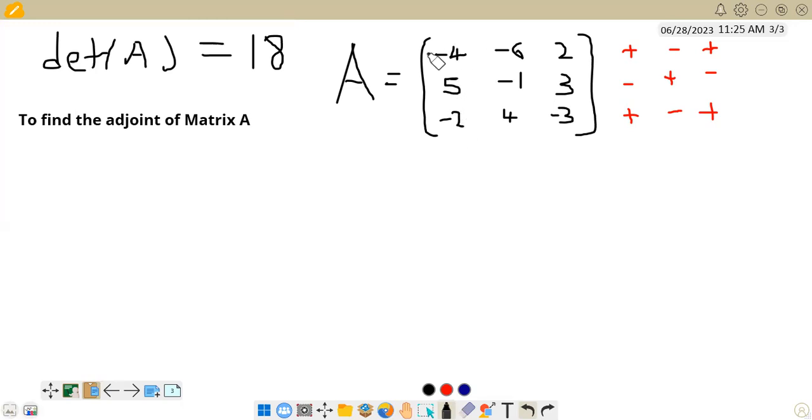So tiyamba ndi apa, we'll be deleting this one and this one, tipeza it. Then we'll delete this one and this one, we'll have this one, this one, this one, and this one. So let's formulate our matrix. It will be a little bit large matrix.